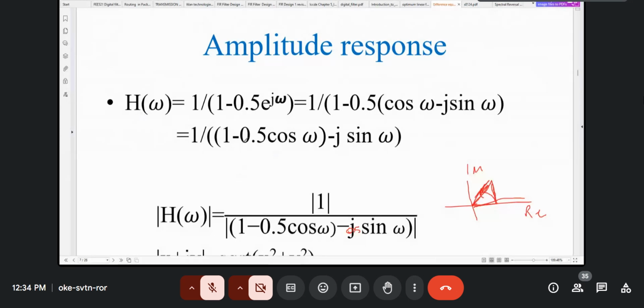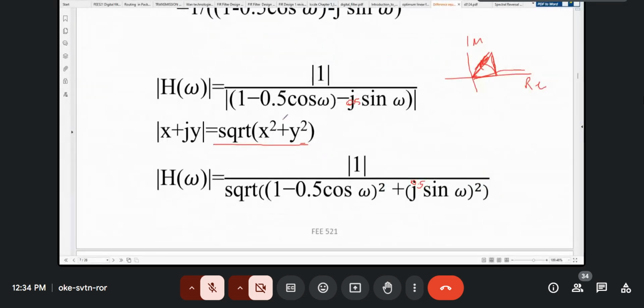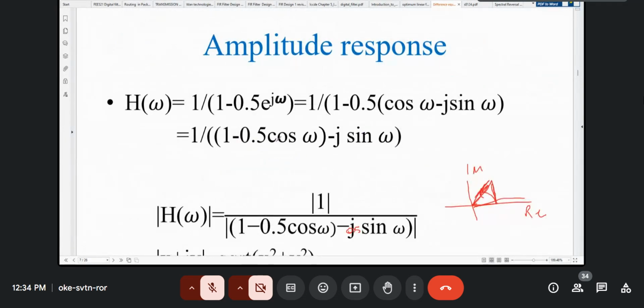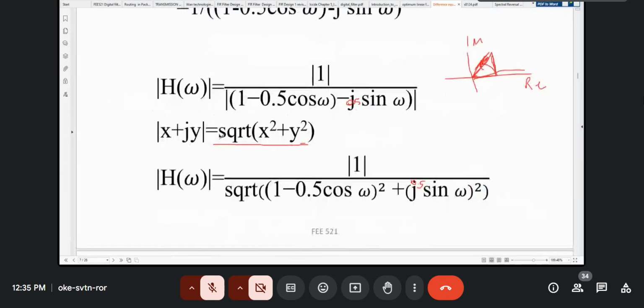So h of omega is equal to this, which of course we can write as e to the j omega. We can use Euler, so this becomes cos omega minus j sine omega. For the magnitude, if you have a complex number, the magnitude is simply the square root of x squared plus y squared.